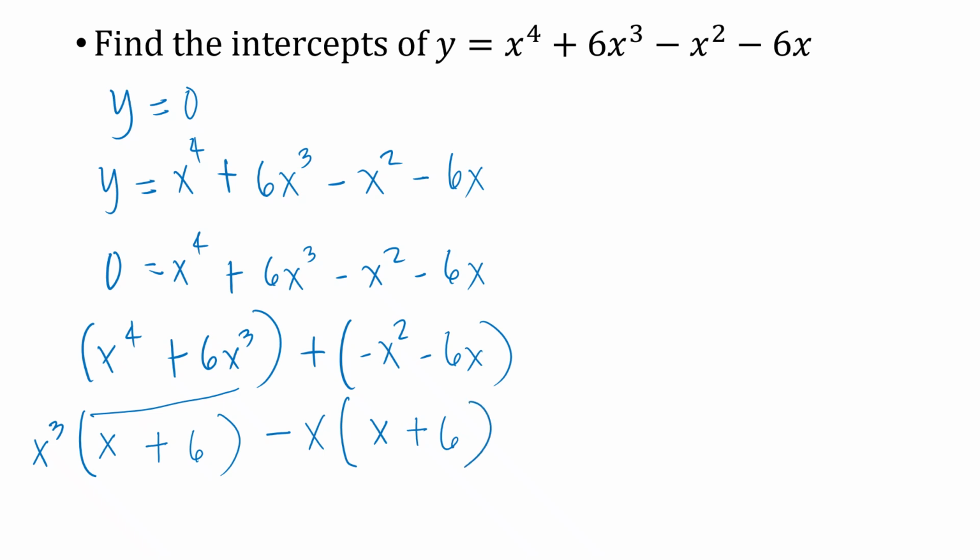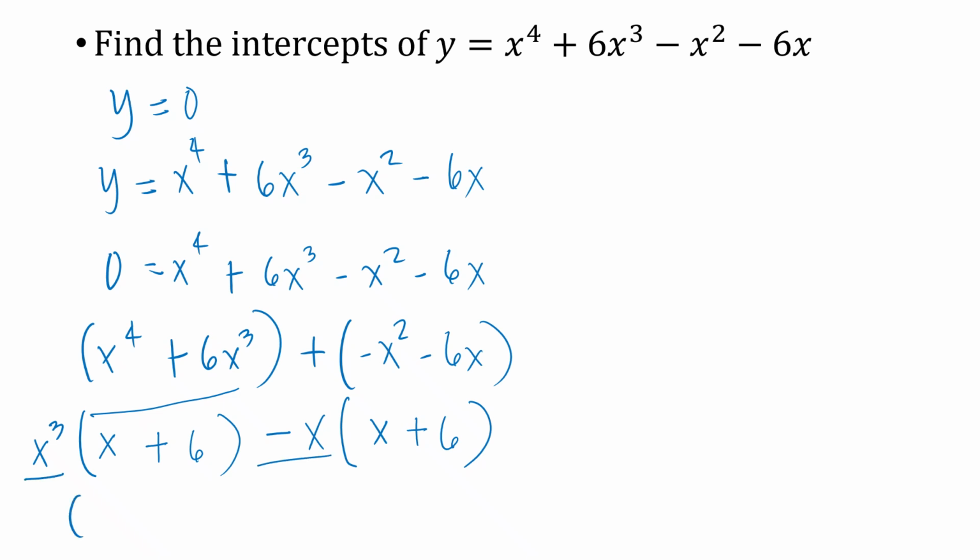Diba? Dahil negative x times x is negative x squared. Negative x times positive 6, the answer is negative 6x. So that's it.